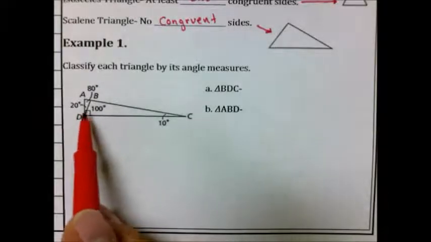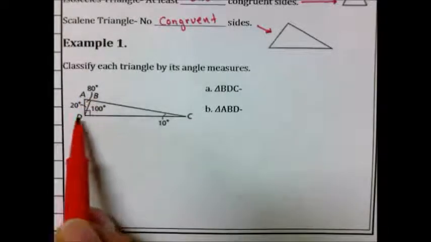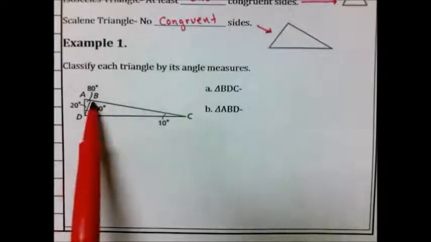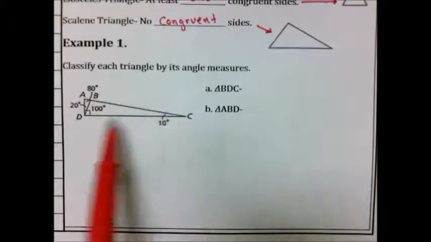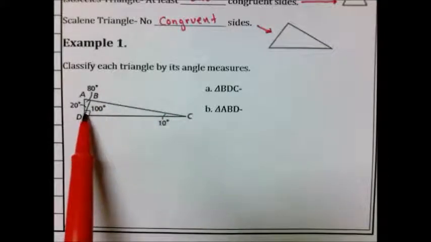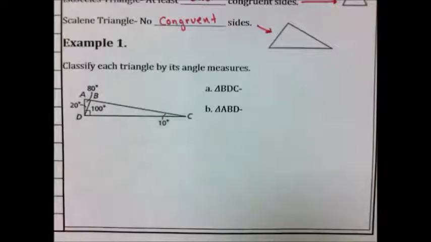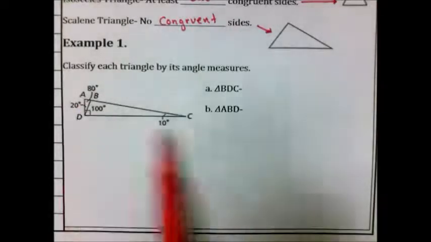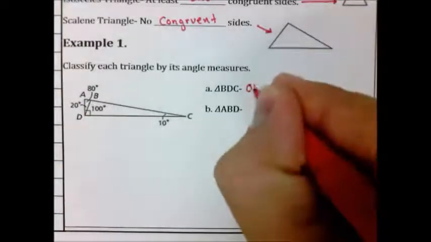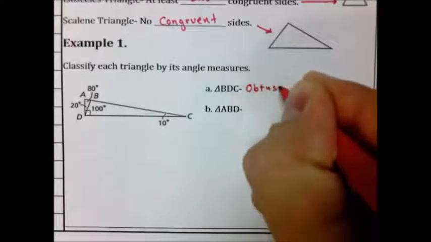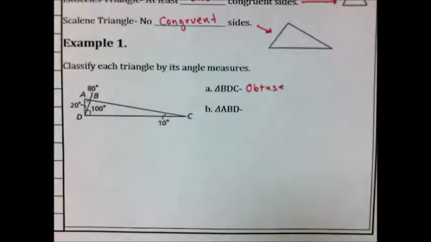We see here that triangle BDC has 1 obtuse angle, this one that's 100 degrees, and it has 2 acute angles. This one's 10, and this one is 70 degrees. I only know that because of triangle proofs. So triangle BDC has to be an obtuse triangle, just based on the fact that there is 1 obtuse angle.